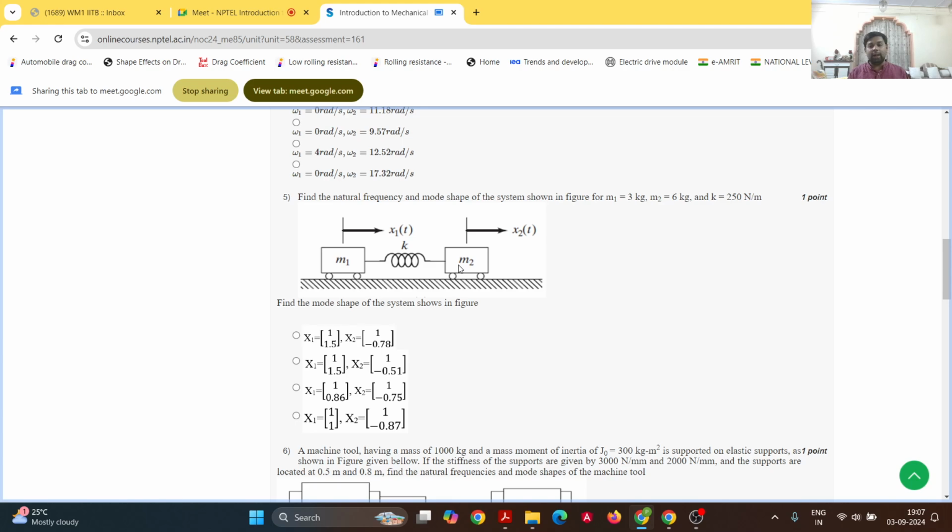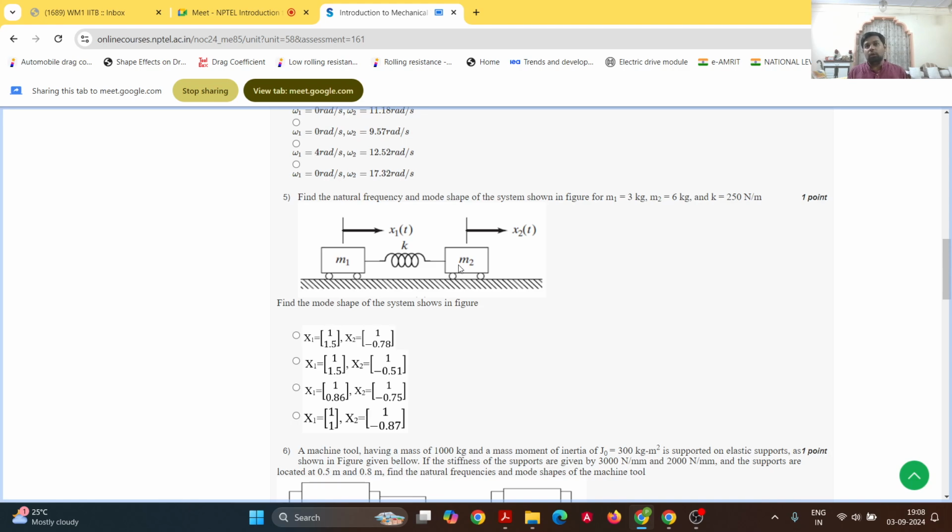That is one natural frequency, and in that case the masses will be moving in opposite directions, with equal displacements. Then you can express the mode shape as 1, minus 1.